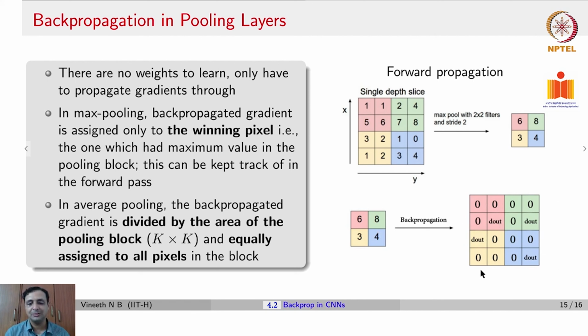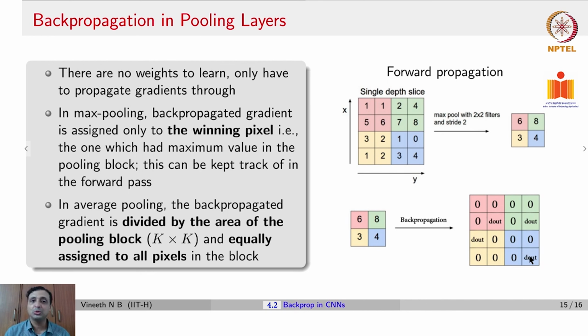What you see on the right here is the previous layer. The full gradient at 6. Remember, we assume that when we backpropagate, the gradients until this step for each of these pixels are known to us. We only have to see how to backpropagate those gradients across the pooling layer. All this gradient goes to this location. All this gradient goes to this location. All this gradient goes to this location because that was the position of the winning neuron. And similarly for this one.